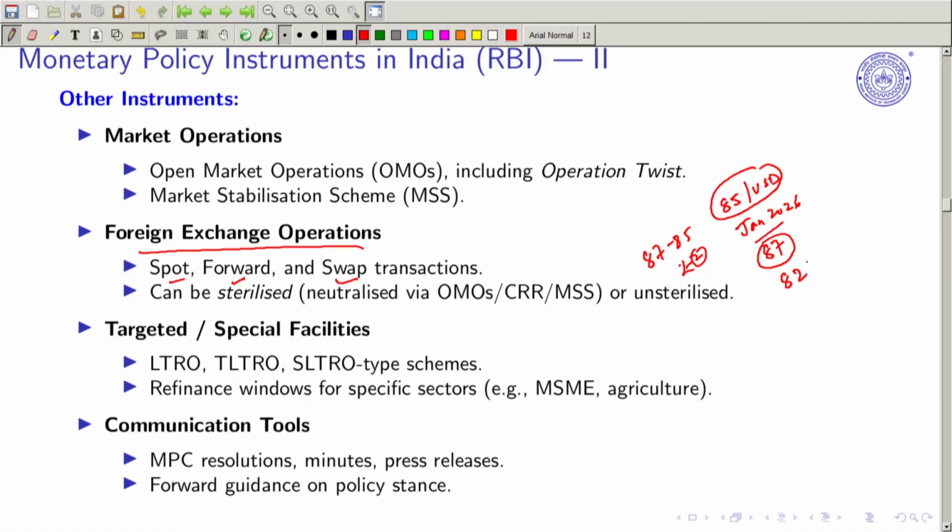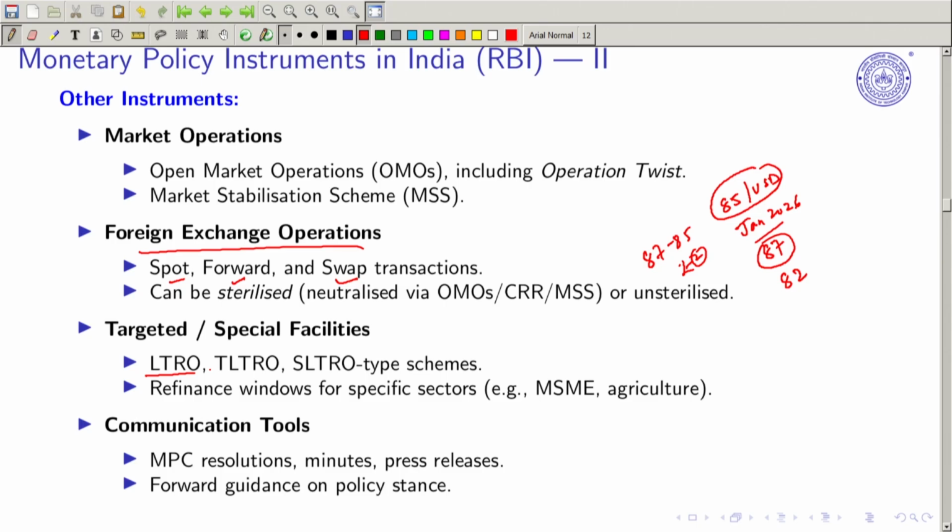Targeted special facilities: long term repo operations, and here we have the targeted long term repo operations. LTRO is the long term repo operation, which means that the Government of India requests the RBI to please help in some sectors, so that liquidity can be improved in those sectors and financing can be done.